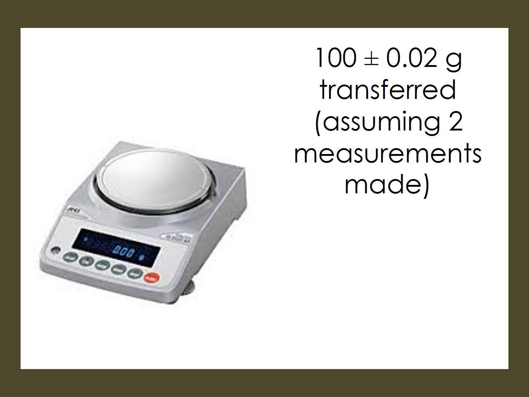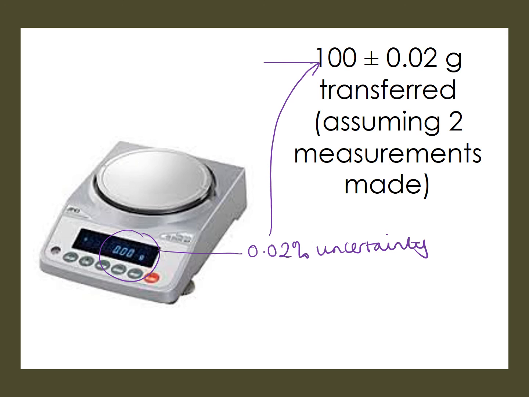And similarly, by transferring two measurements using a top pan balance, which records to 2 dp here, the plus and minus 0.02 grams out of the 100 grams being measured is of course a 0.02% uncertainty in that particular measurement, and so that would be a big improvement as well. So to improve the precision of a particular experiment, using more precise apparatus is certainly a good way to go if you have it to hand.